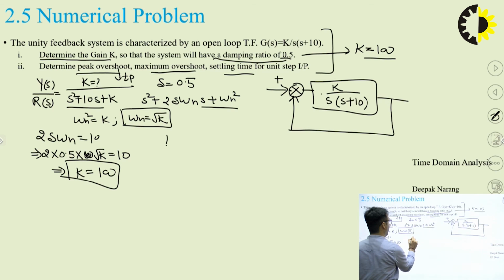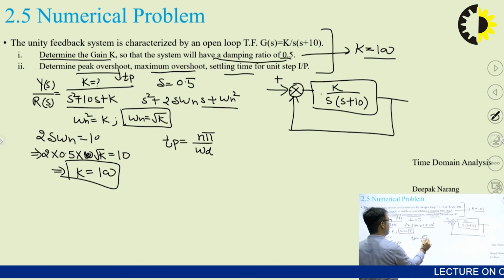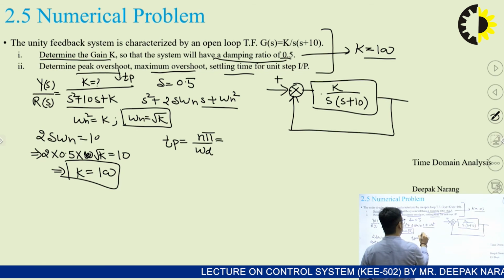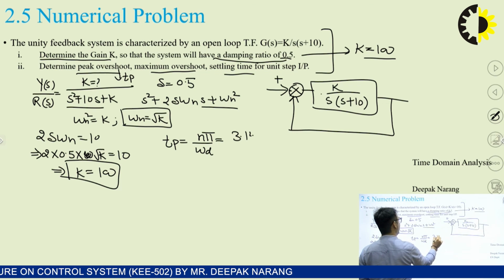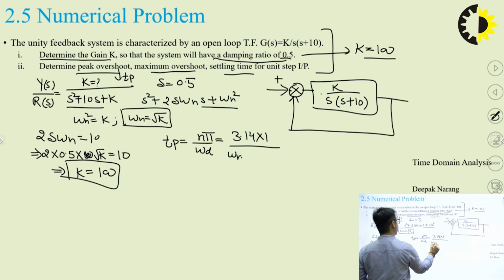So as we know, our peak time is equal to n pi upon omega d. So just put in the values: n will be 1, 3.14 into 1 divided by omega n into square root of 1 minus delta square.